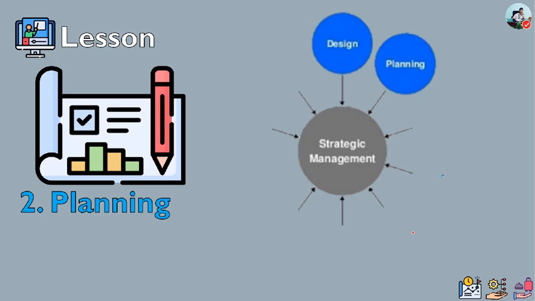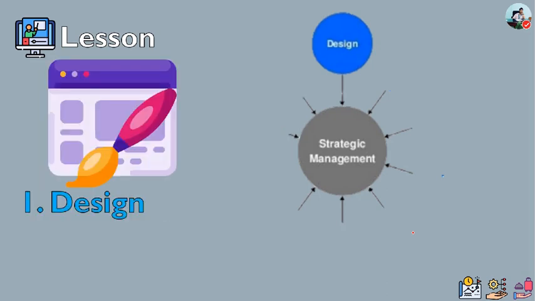Just remember, on the first school of thought, the important thing is the strategy creation, designing the strategy, and after designing the strategy, it is the implementation.